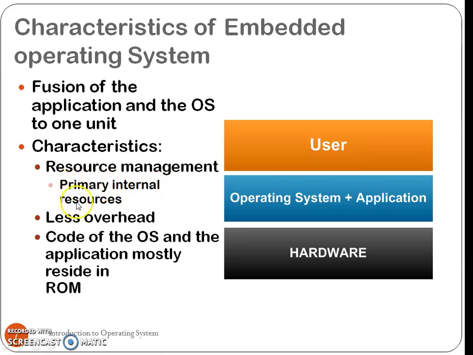Remember, these are all the internal resources. Beyond that, another characteristic is that the code of the operating system resides in the ROM, and the application also resides in the ROM, so that the overhead is reduced. So these are the characteristics of embedded operating system.